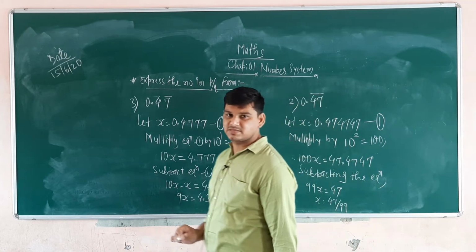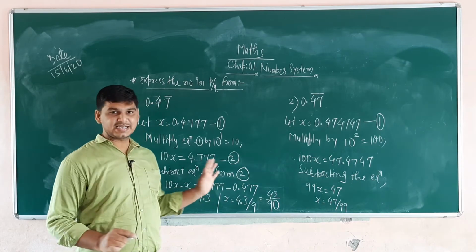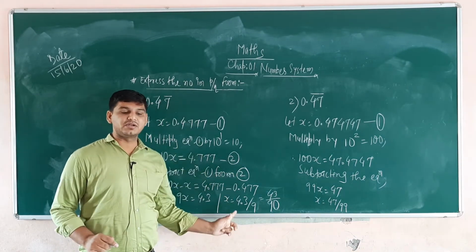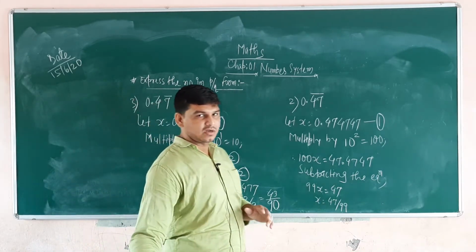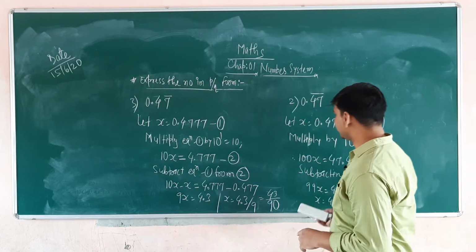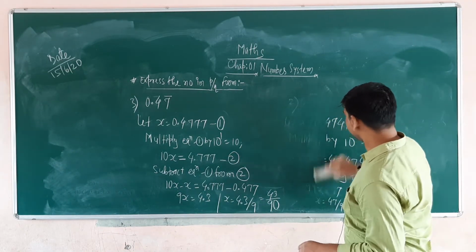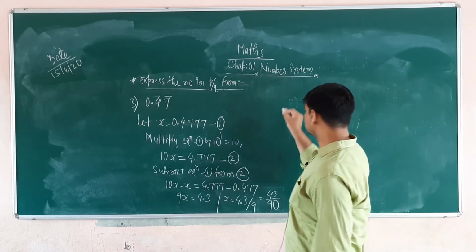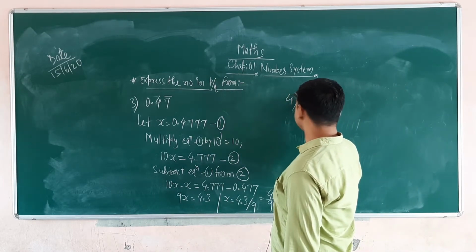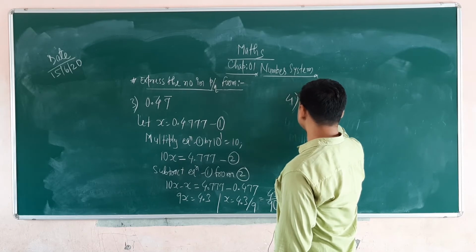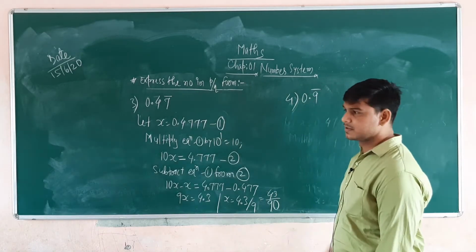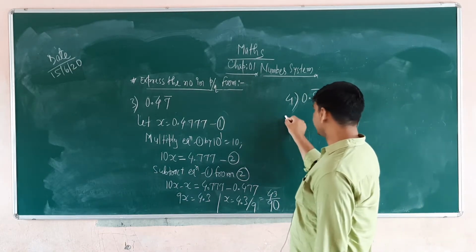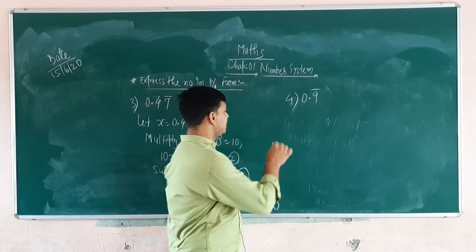So by applying this method, you can easily convert the decimal value into the form of a fraction. Okay, I'll take one last example for that. Then we'll move on to another topic. Fourth question, I'll take the example of 0.9 bar. How can it be represented in the form of p by q? So first of all, same procedure that we have to follow.